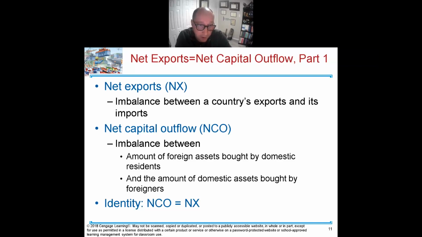With net exports, it will also indicate foreign investment through net capital. Net capital is the difference between the amount of foreign assets bought by domestic residents and the amount of domestic assets bought by foreign residents.